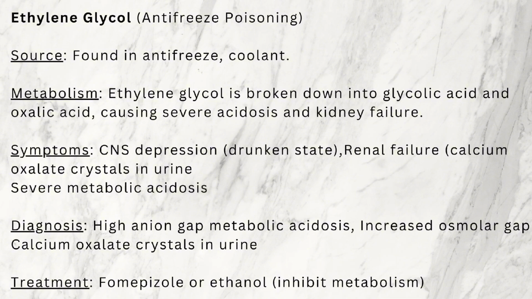Ethylene glycol happens to be an antifreeze, and could be seen in coolants and all that. If for any reason it is ingested, it's broken down into glycolic acid and oxalic acid. These are known to cause severe acidosis in the body. The treatment includes fomepizole or ethanol, which inhibits its metabolism.